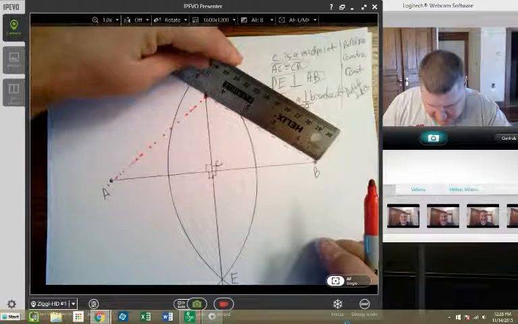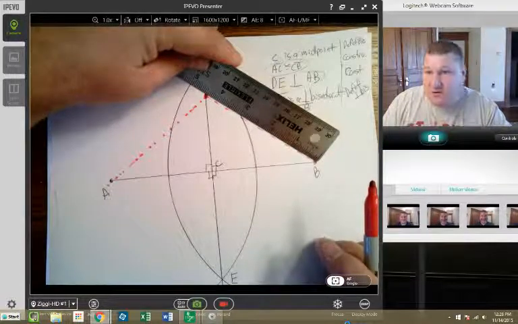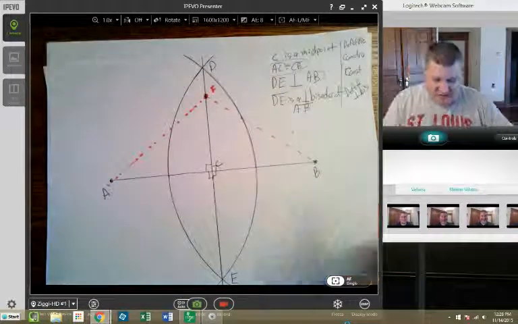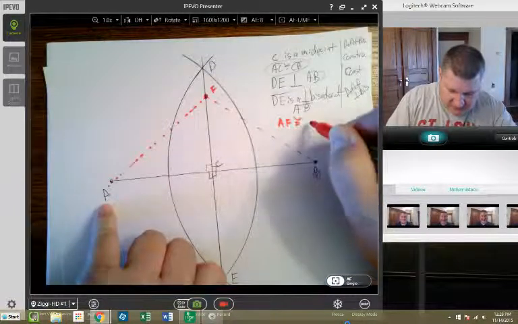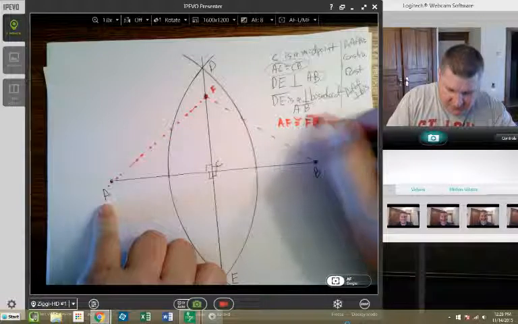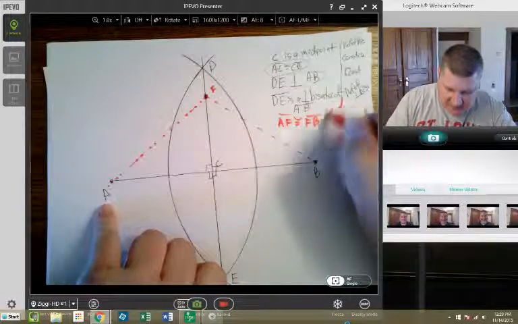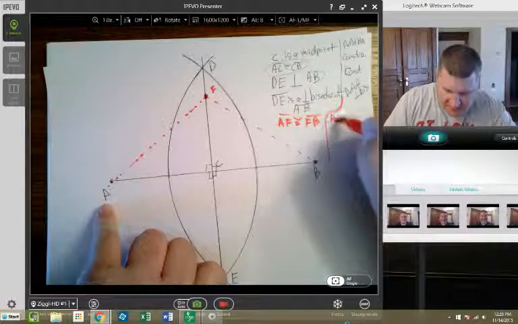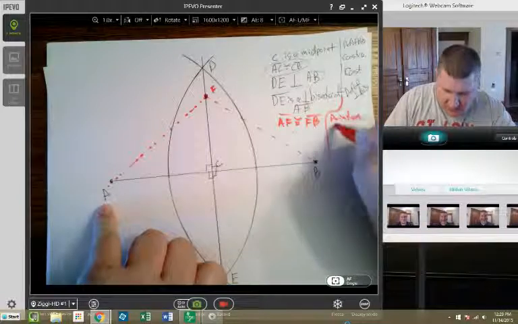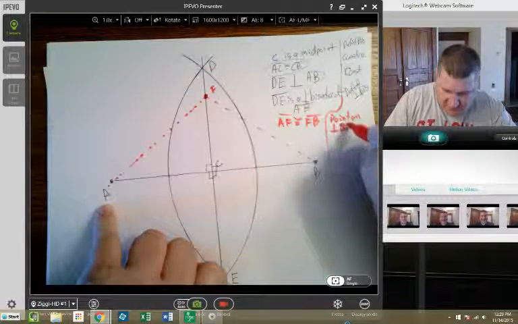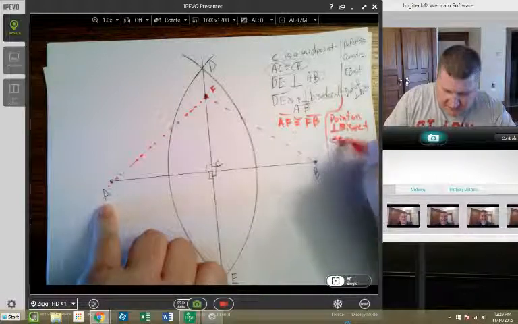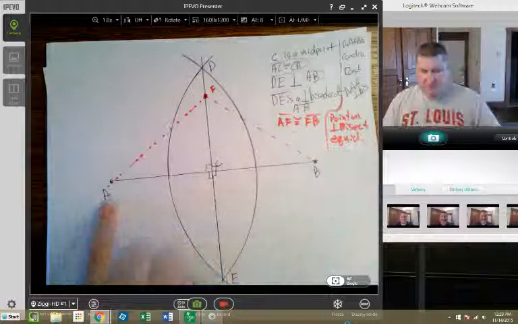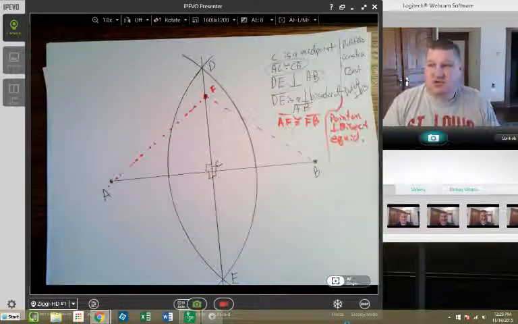This is 4 1/4 strong. And those two indeed match. So we would say AF is congruent to FB because a point on a perpendicular bisector is equidistant from each endpoint. So we have that.